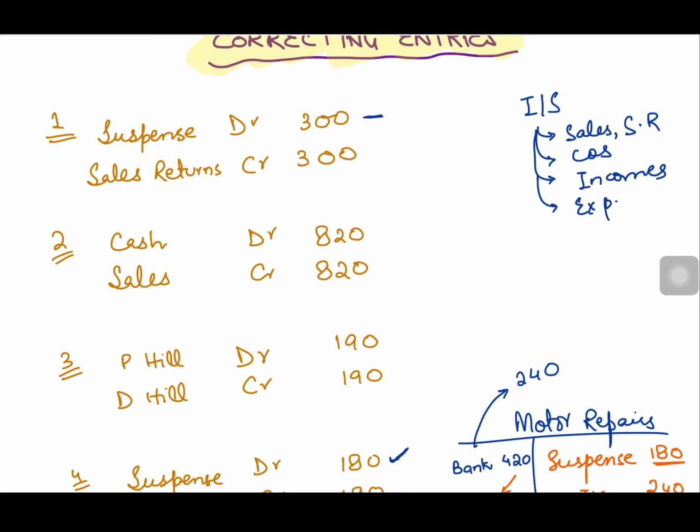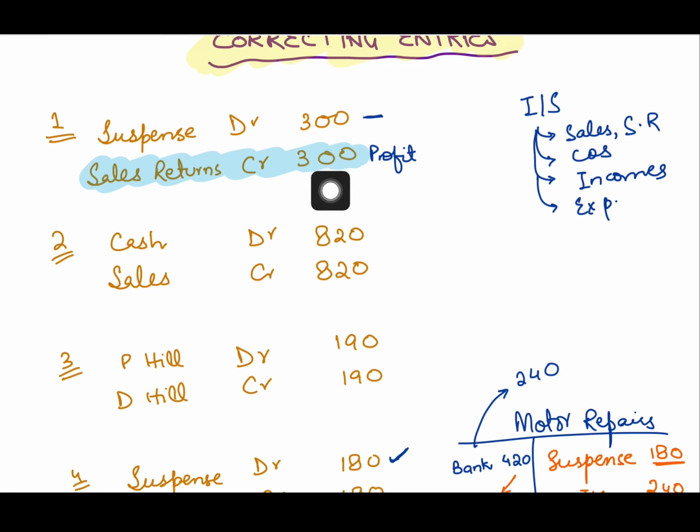So first of all, identify all the accounts that will affect your profit. In error number 1, there is an account which is the sales returns account, which is being credited. We know that sales returns are subtracted from sales in the income statement, so that you have your net sales, right? So this will affect your profit. Now what is happening over here? Sales returns are being credited by $300. You remember previously we overstated our sales returns.